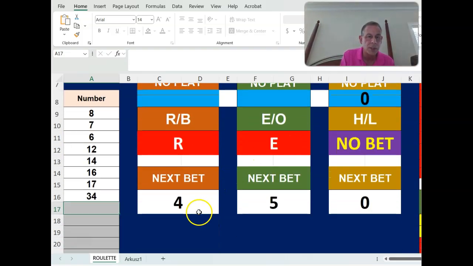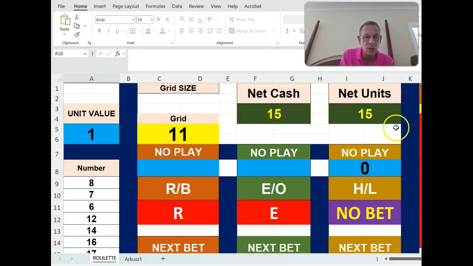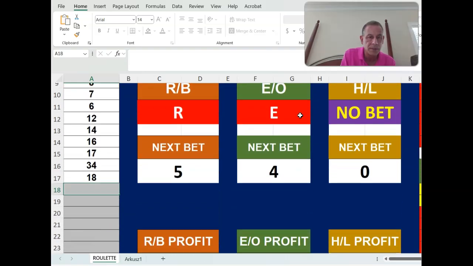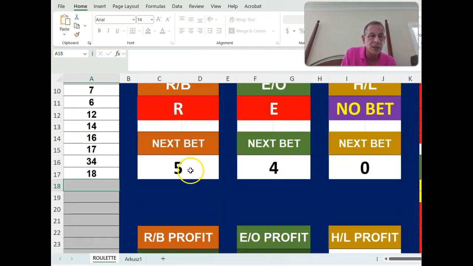So let's keep going. So now we're betting 4 units on red and 5 units on even. Right? So what happens now? Let's take a look at my phone at 18. All right. What did that do? We're up 15 units now. Our next bet is a 5 on red and a 4 on even.